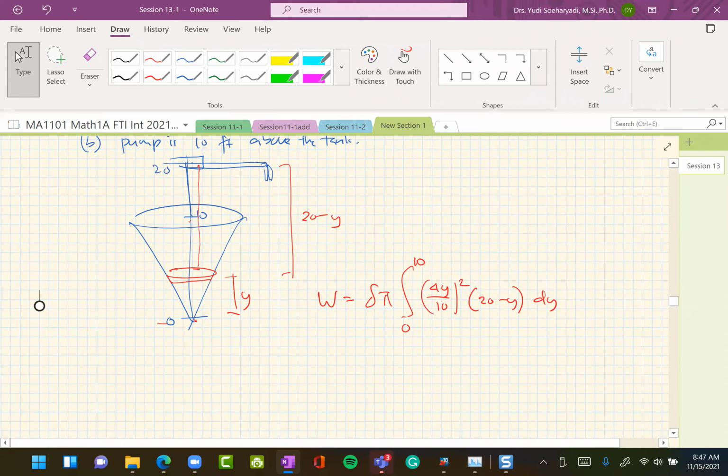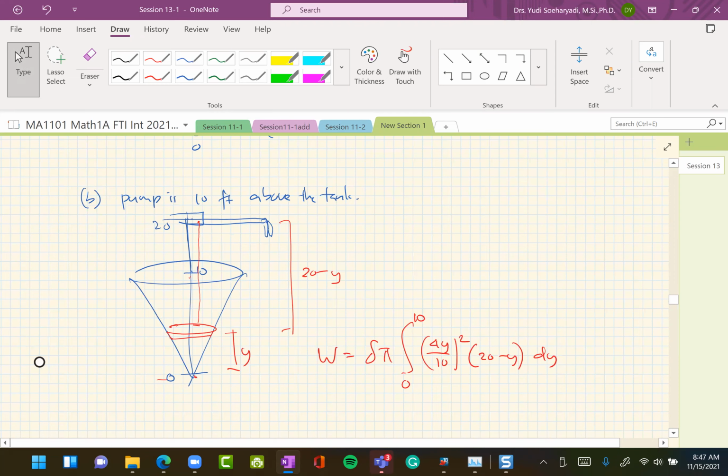I have a question. Yes, sure. So the distance is 20 minus y, but why do we take the integral from 0 to 10? Because the bounds of the integral are based on what we partition. Are we partitioning this or this one?